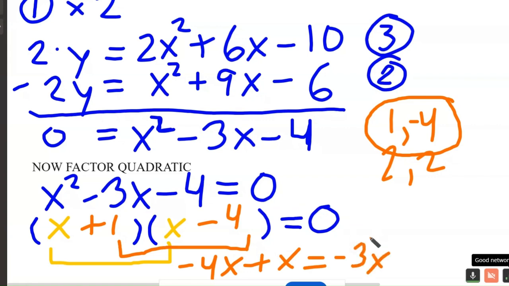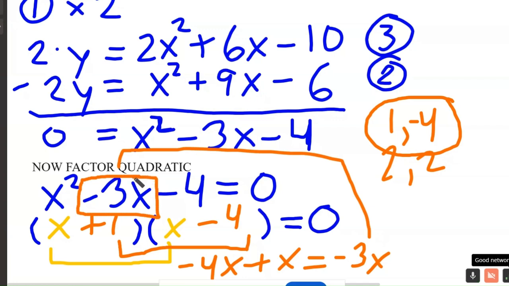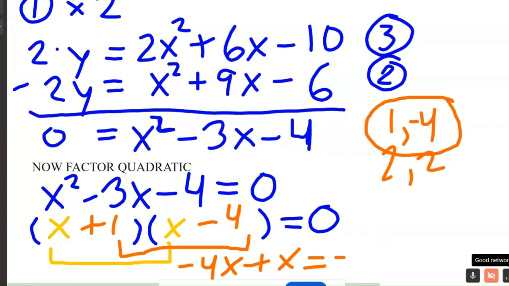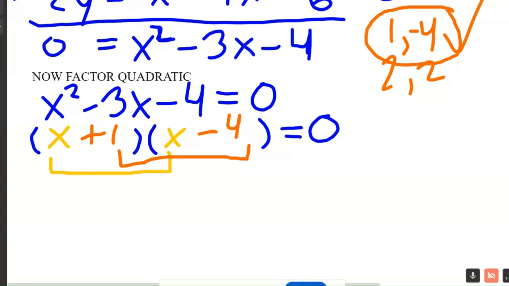Is that what we're looking for? Do we need a negative 3x? Yeah, that's what we set out to do. So it looks like that's going to be okay. That's going to be the one we want. Okay, so with that, since we have this quadratic factored, we can now look into what the solutions would be in terms of x.